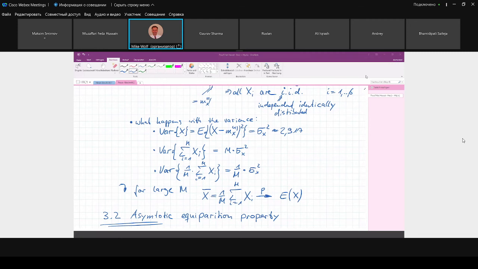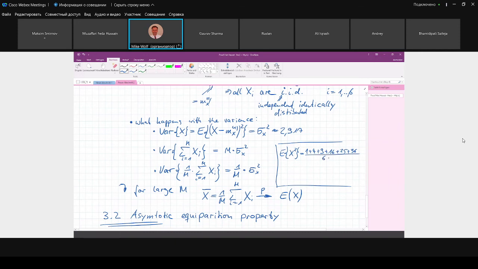One possibility is that I say the expected value of x squared is just 1 plus 4 plus 9 plus 16 plus 25 plus 36, divided by 6.